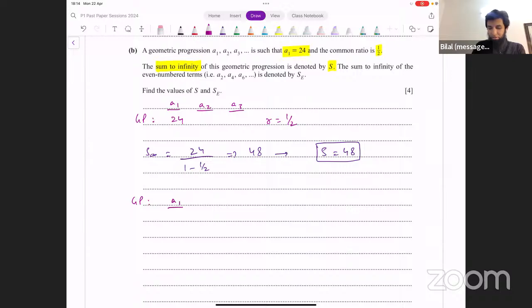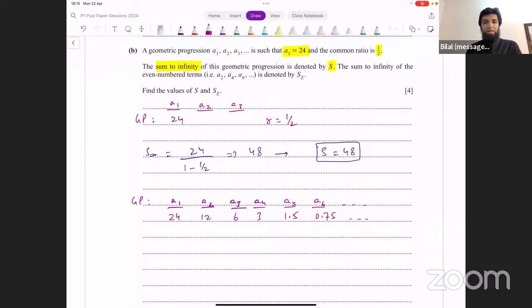A1, A2, A3, A4, A5, A6. Let's write some of these terms and write down the values that we've got for them. A1 is 24. Since the ratio is 0.5, what's the next term going to be? 24 into 0.5, that's 12. And then 6, 3, 1.5, 0.75, and so on.